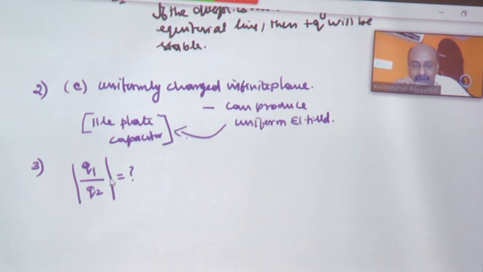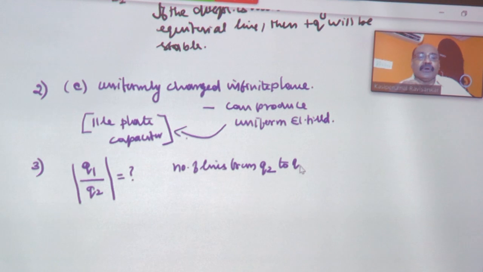Now, count the number of lines going out of Q2 and reaching Q1. First of all, I am considering the number of lines from Q2 to Q1.